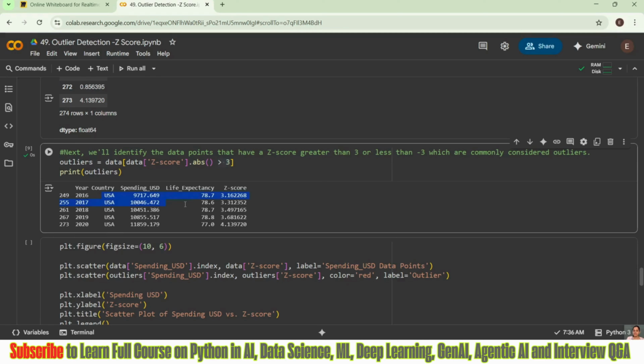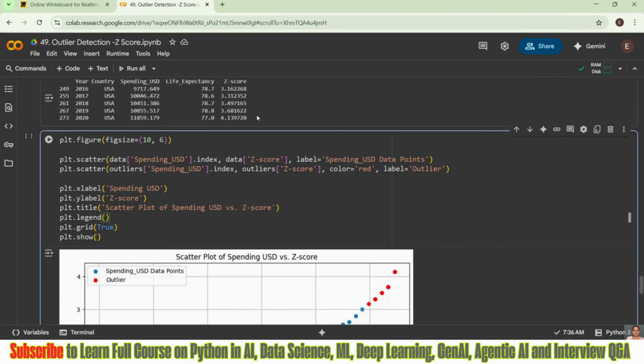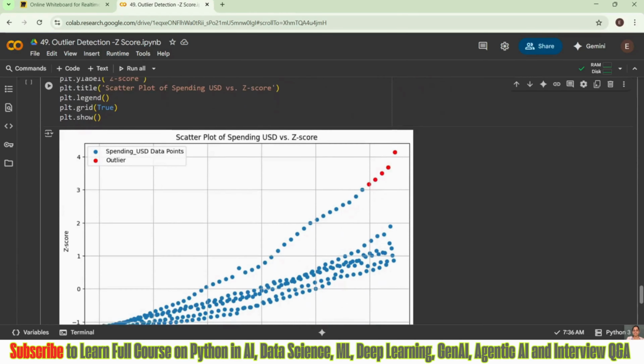And I got to know the same thing from my plot, right? The same thing I'm getting here, the life expectancy, the ZScore, everything. I am plotting it to know where exactly that is coming.